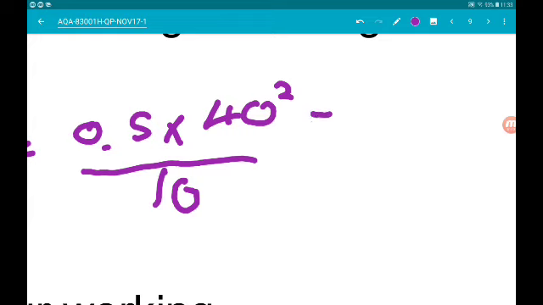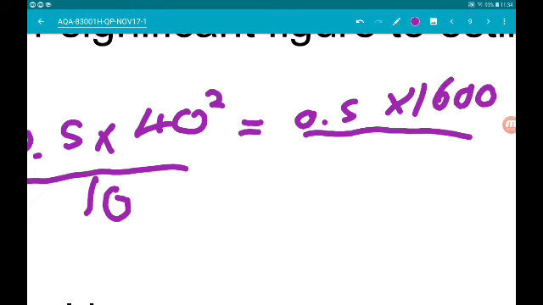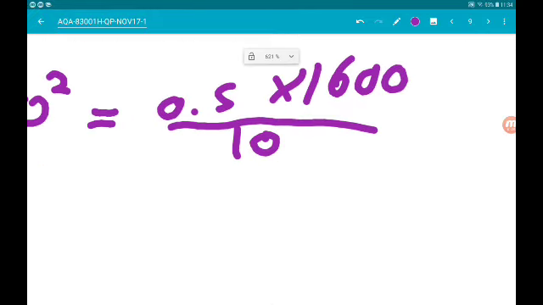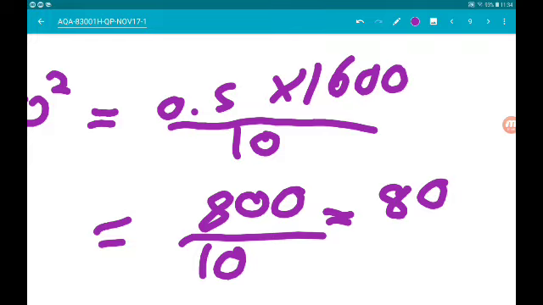So we've got 0.5 times 1,600 over 10. Swap on the top. We've got a half of 1,600, which is 800, over 10 gives us 80. Cool.